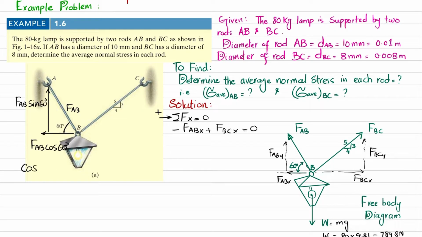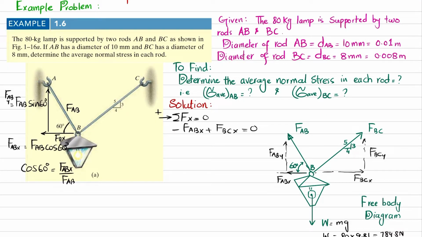Because if you take cos 60 degrees, cos 60 degrees will be equal to FABX divided by FAB. So FABX will be equal to FAB cos of 60 degrees. Similarly, this FABY component will be FAB sine of 60 degrees.